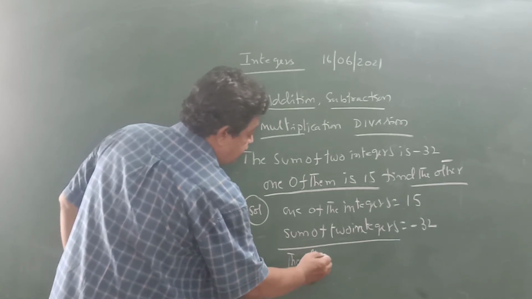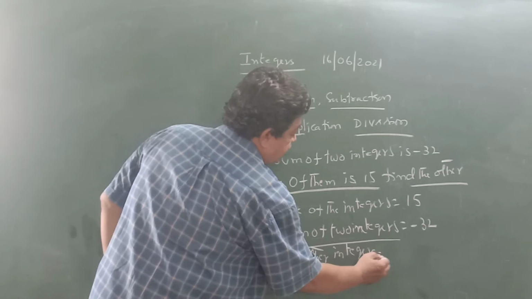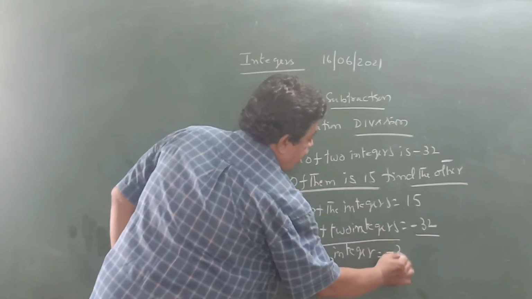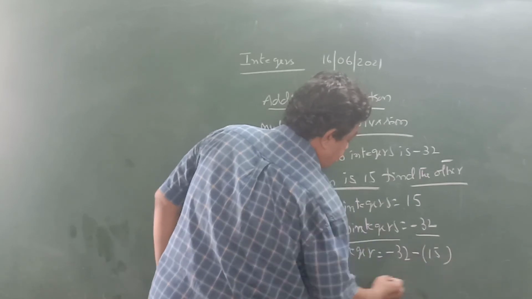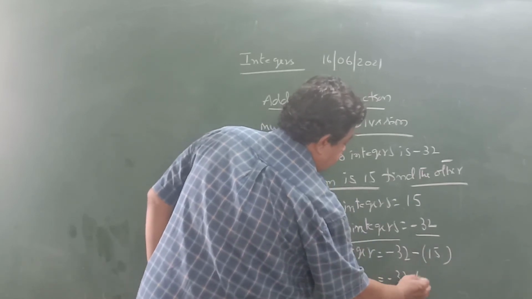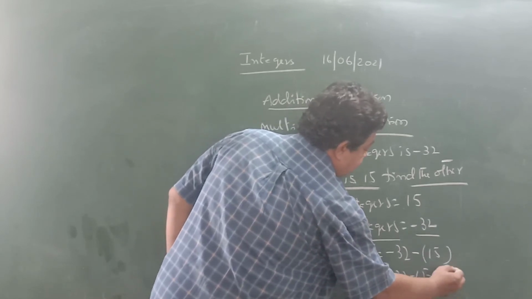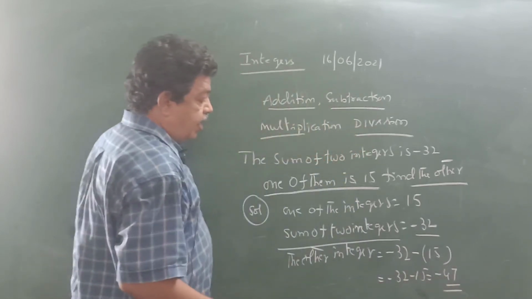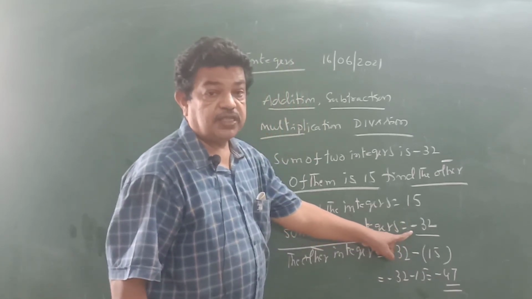The other integer is the difference of the sum and the one of the integers given. So minus 32 minus 15. The answer is equal to how much? Minus 47. If you add minus 47 and 15, the sum will be minus 32.